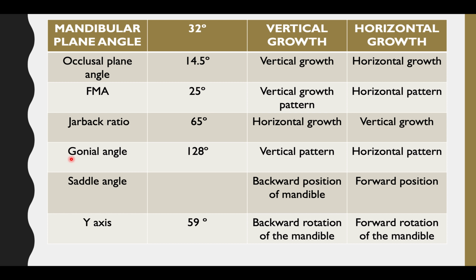The next concept is your gonial angle and saddle angle. Gonial angle, saddle angle and articular angle were described in the last video as the posterior angles. These also show the vertical or the horizontal pattern. If the gonial angle is increased, it is a vertical pattern. If the gonial angle is decreased, it is a horizontal growth pattern.